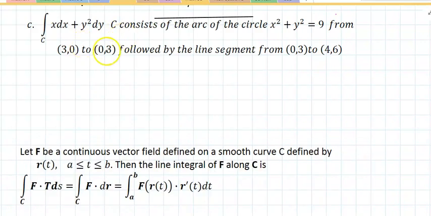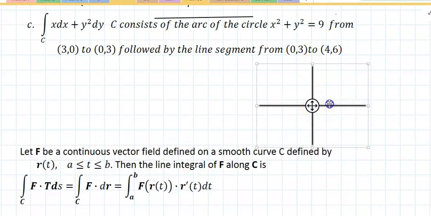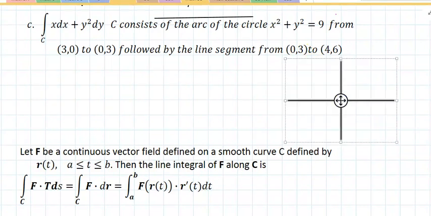Well, here they're kind of giving us something slightly different. Well, not a big deal. They want us to go by a circle with a radius 3 from 3, 0, 0 to 0, 3, 0. Take that path.